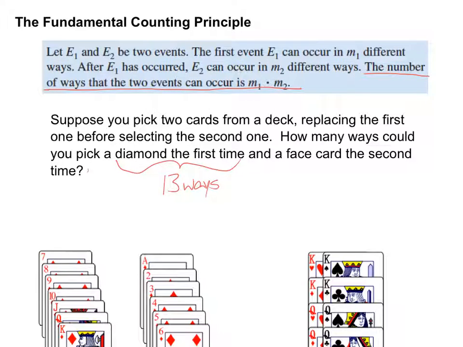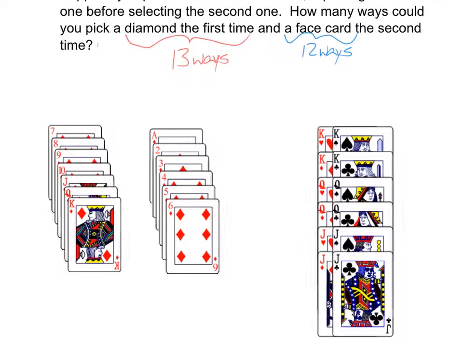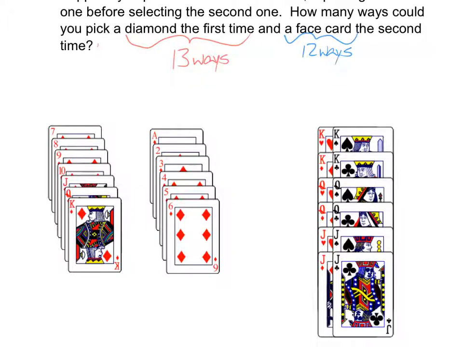All right? And then a face card the second time. So how many different ways could you pick out a face card? 12 ways. Okay? So now, according to this, how many different ways could we pick a diamond followed by a face card? 13 times 12.